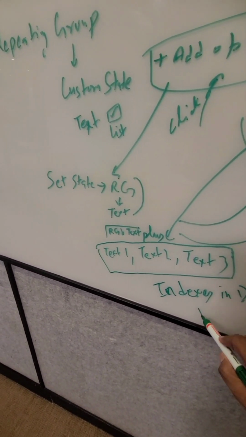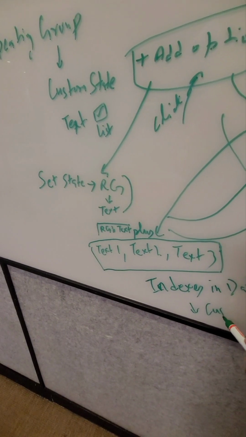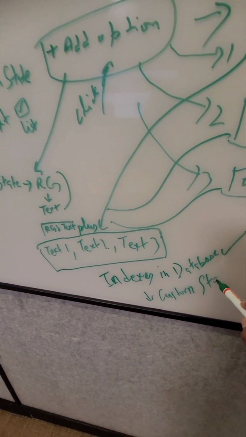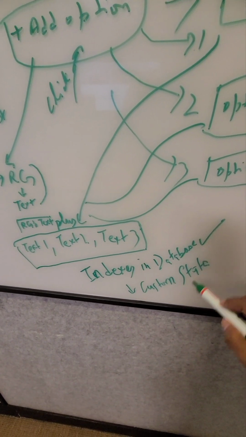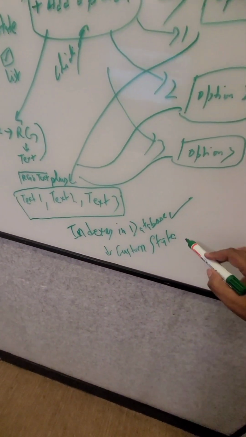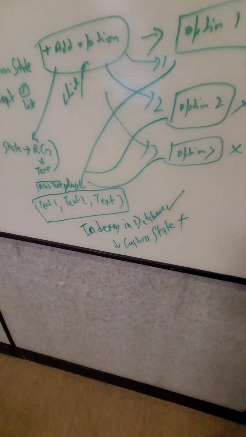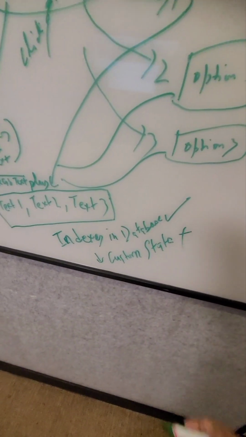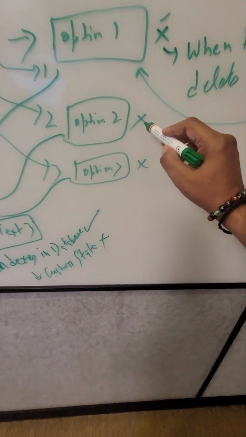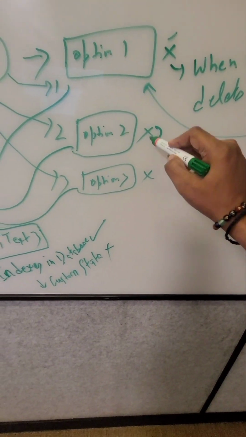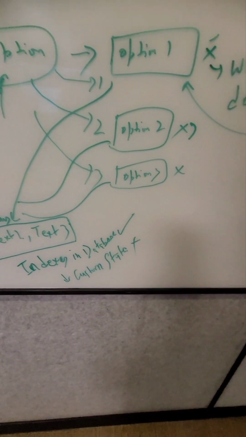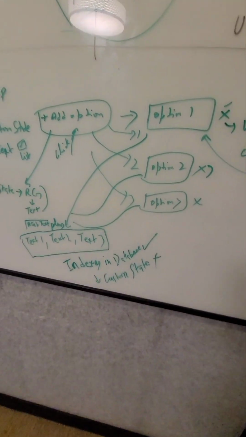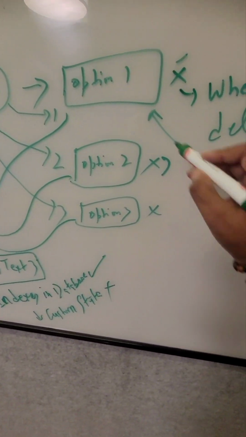But if it's stored in a custom state, then we do not have the ability to delete via index, right? So at the moment I click on this one, I'm not sure which option is going to be deleted.